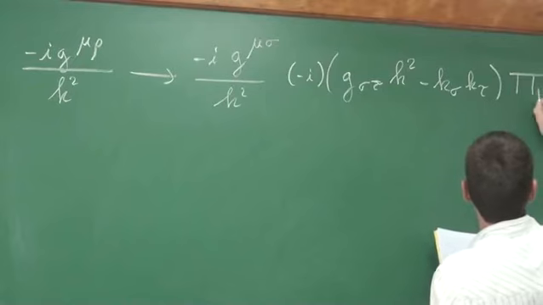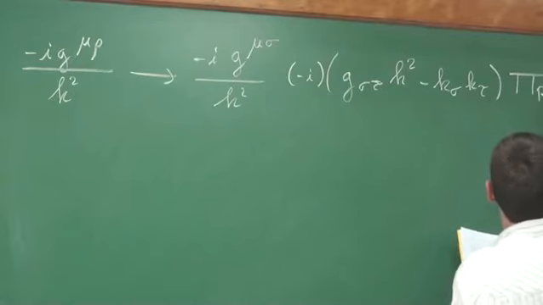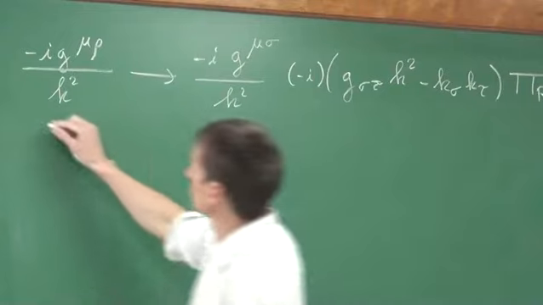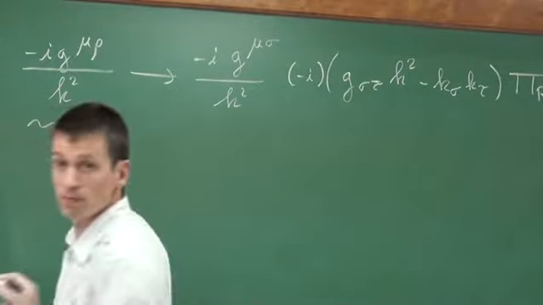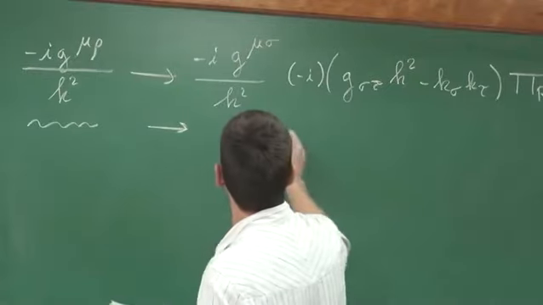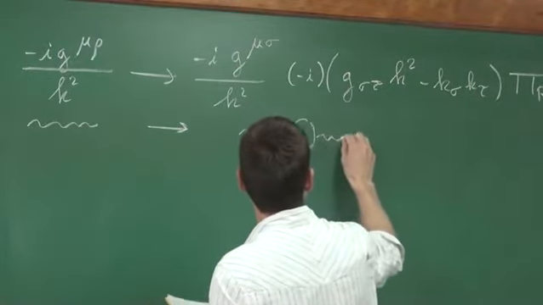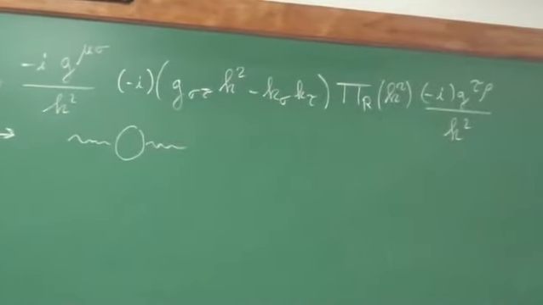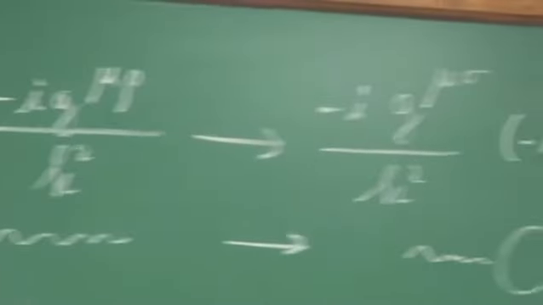This is the replacement of this propagator by this one. Okay, so that we will be able to use the one-loop calculation that we did after a few other calculations.